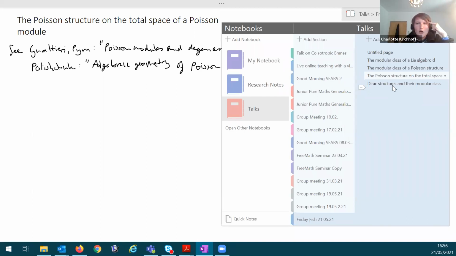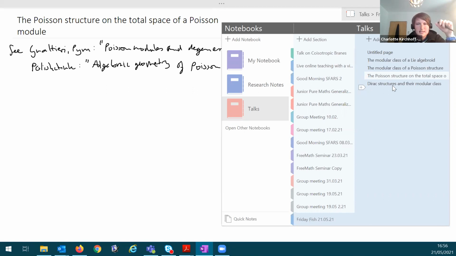Okay. Yeah. So what we do know is that potential non-equalities of the modular foliation and the ordinary foliation happen whenever the Poisson structure degenerates. So at degeneracy loci, this potentially happens.